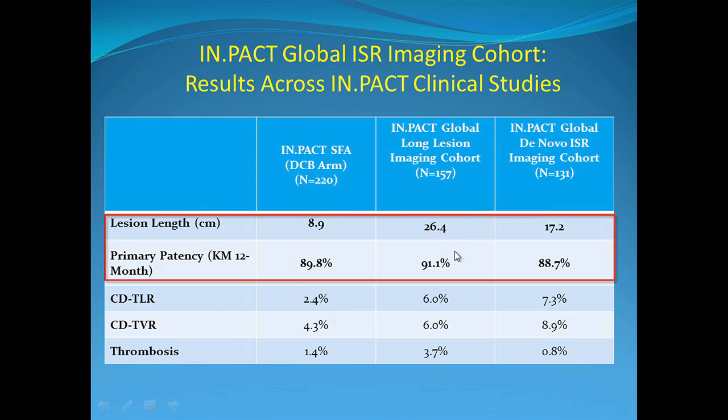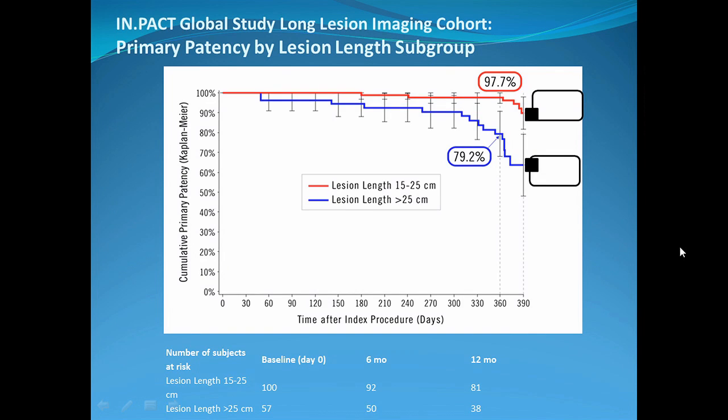Here the mean lesion length is 26.4 centimeters, and it did very well with a 91% primary patency based on the Kaplan-Meier curve at 12 months, and in the ISR group it is 88.7%. They have further also divided the lesions based on the long lesions from 15 to 25 centimeters and more than 25 centimeters.